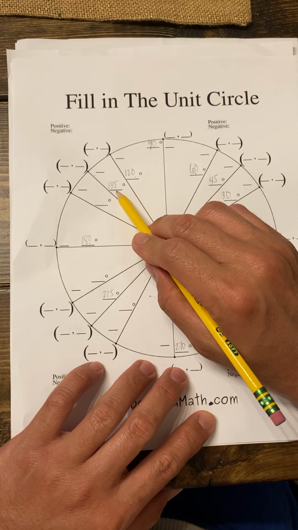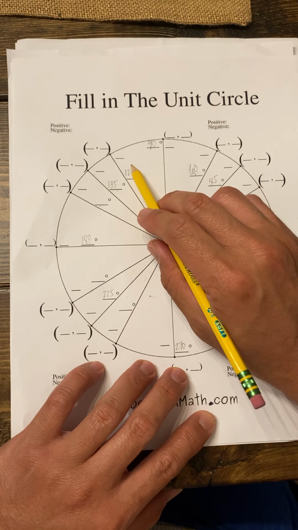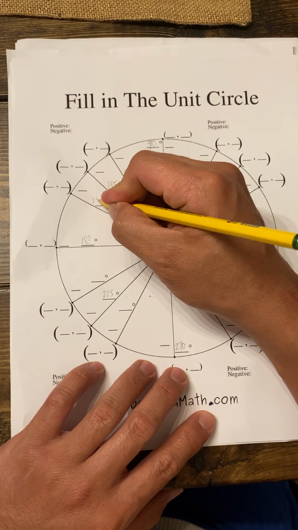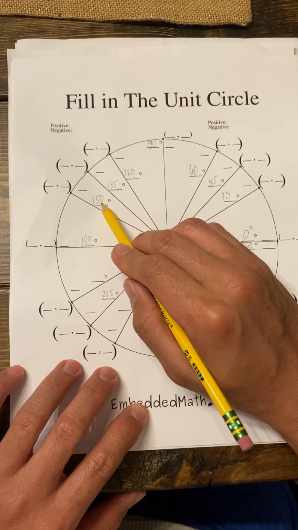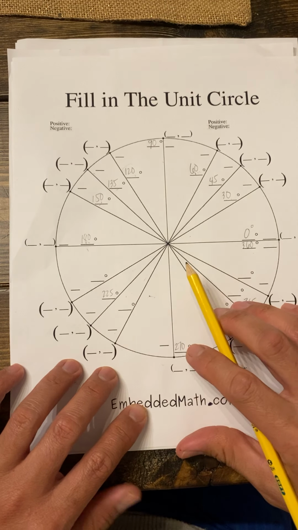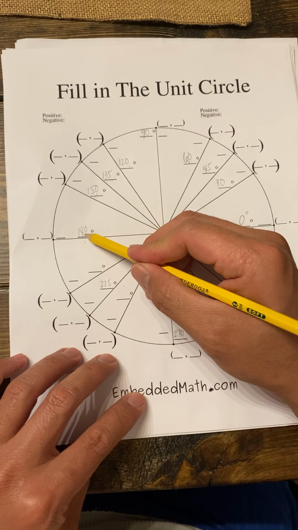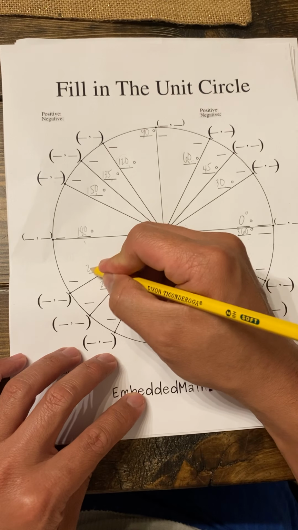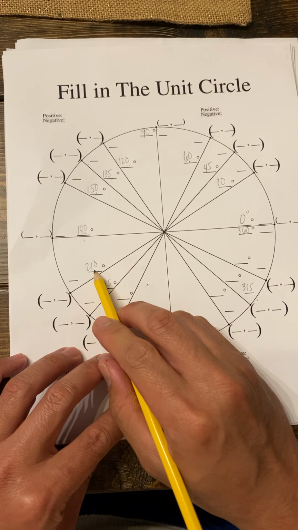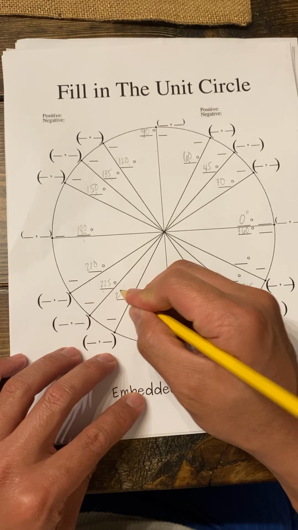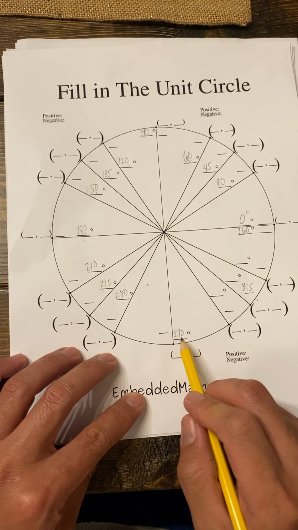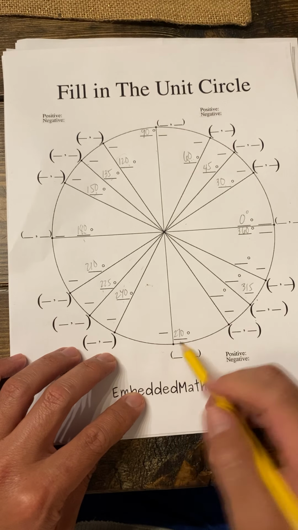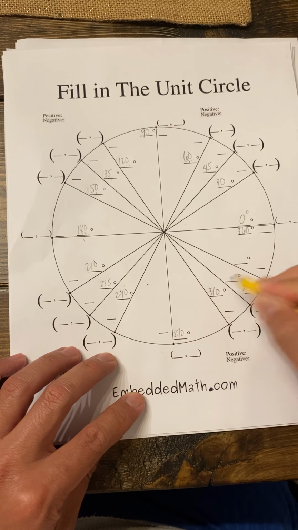Add 30 to 120 is 150, and add 30 to 150 is 180. Then add another 30 to 180 is 210. Skip, add 30 to 210 is 240. Add 30 again will give you 270.